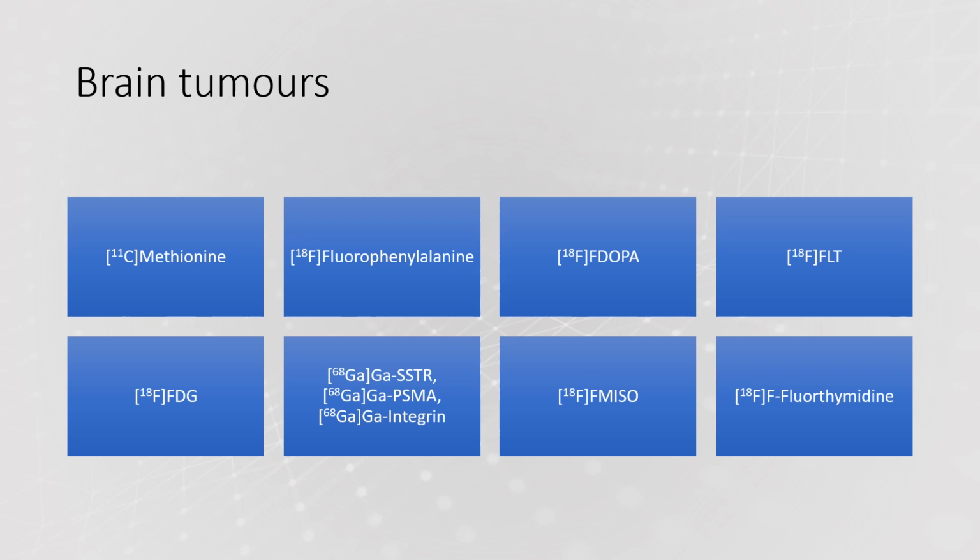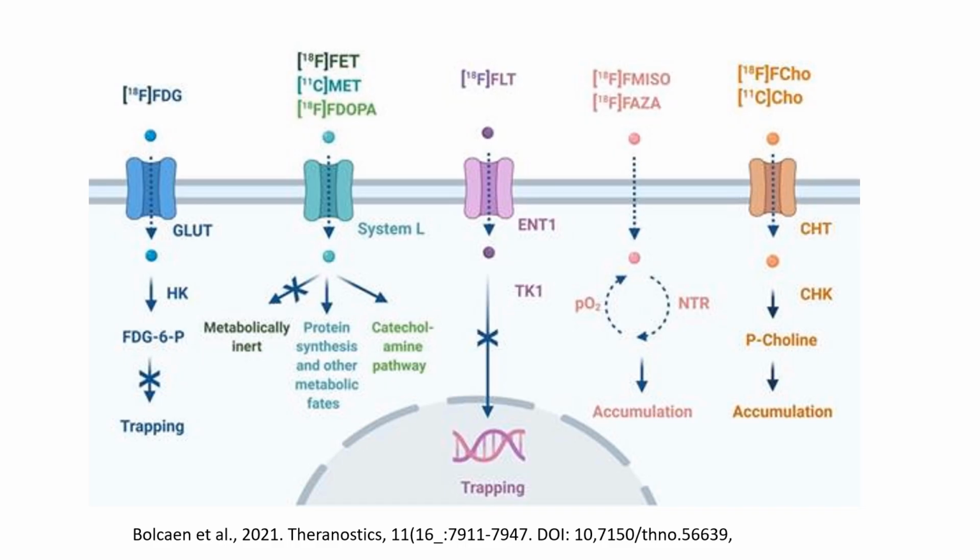Also the glucose metabolism as always, and then also some agents for hypoxia imaging to give you more information, especially after the treatment with external beam radiation therapy or whatever the treatment may be. Then you can also image the presence of hypoxia.